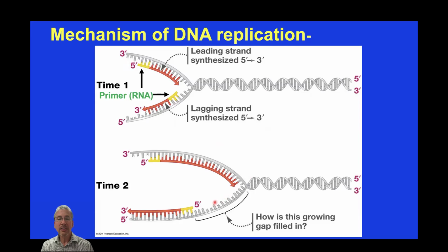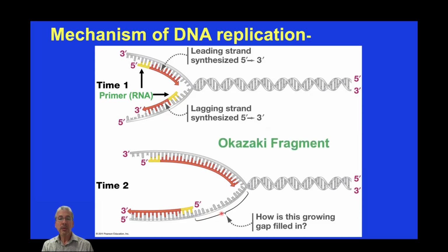I just want to point out that it turns out that we can identify the so-called leading strand. It's shown here. It's the top strand. DNA synthesis on a leading strand is continuous, and it forms essentially a nice, long, continuous piece of DNA. However, this strand down here would be considered the lagging strand, because DNA replication on this strand is discontinuous.